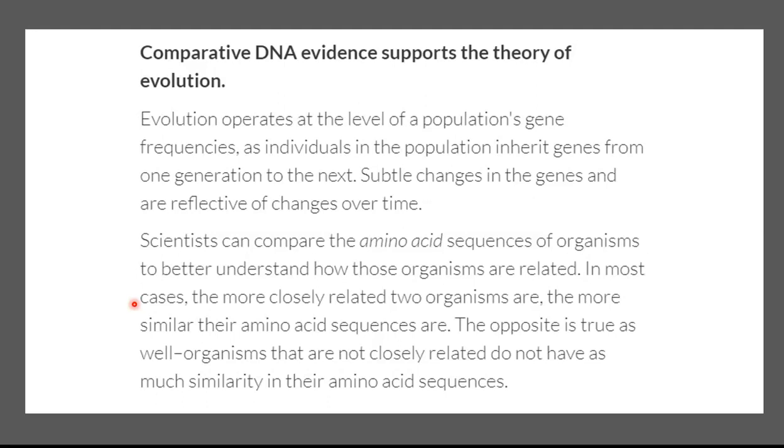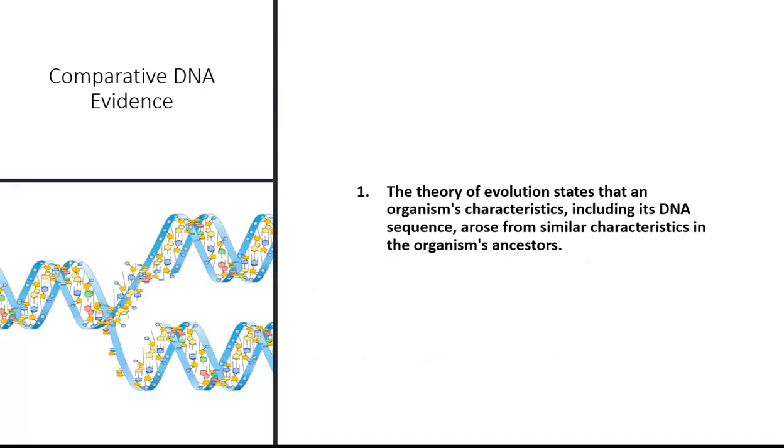Remember the codons in DNA, when we went A to T and C to G, right? And then when you had 3 of those nitrogenous bases together, that coded for an amino acid. So it's that DNA sequence and the amino acid sequence that scientists are studying, and then they compare 2 different organisms.